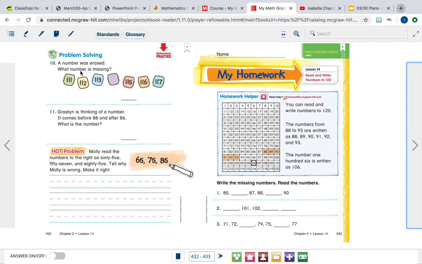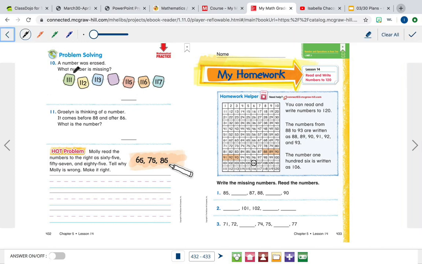All right, so a number was erased. What number is missing? So 111, 112, 113, blank. Okay, so let's look at the ones place. 1, 2, 3. Ooh, we know it's going to be 4. Let's make it a little bigger so that you can see at home. 104.